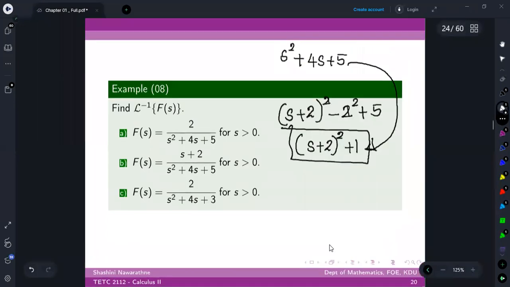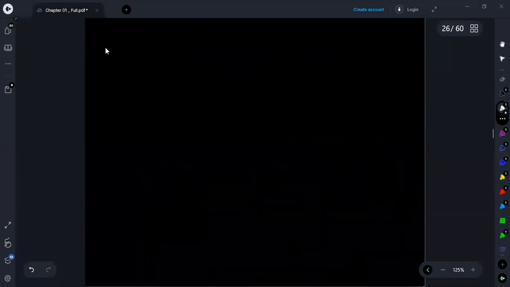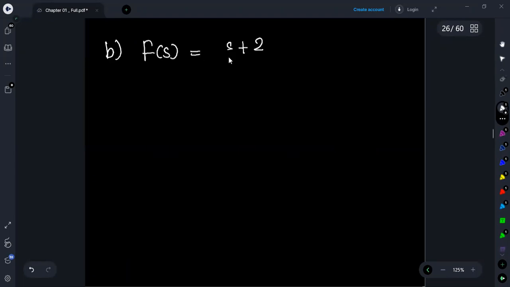In the second part, only the numerator is changed; the denominator is the same. So we can write capital F of s as s plus 2 over s squared plus 4s plus 5. Here also the first thing we need to do is complete the perfect square of the denominator.